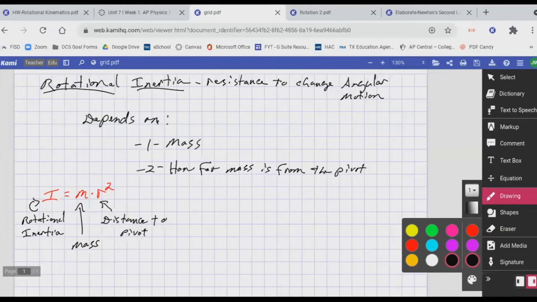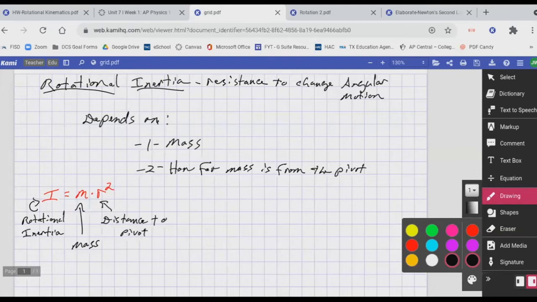As the distance of the mass from the pivot point increases, the rotational inertia will increase. That's going to be one of your big ideas: increasing the mass or the distance to the pivot, either one is going to increase your rotational inertia, which is your desire to not change, the difficulty in making a change. The bigger the mass, the harder it is to turn it, okay?